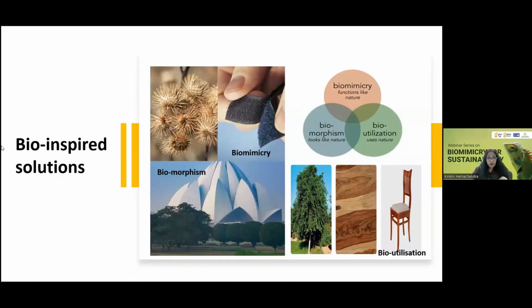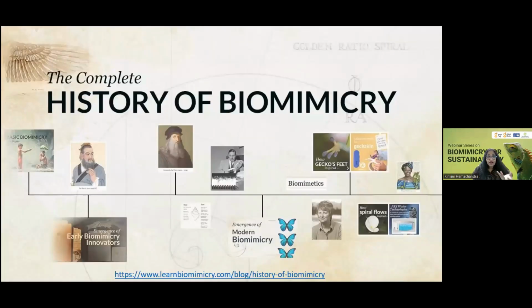Not limited to this historical data, another lady standing here, Janine Benyus, is considered the modern biomimicry inspirational figure who tried to bring very practical solutions based on modern biomimicry. I think this image and diagram capture almost the history of biomimicry over time.